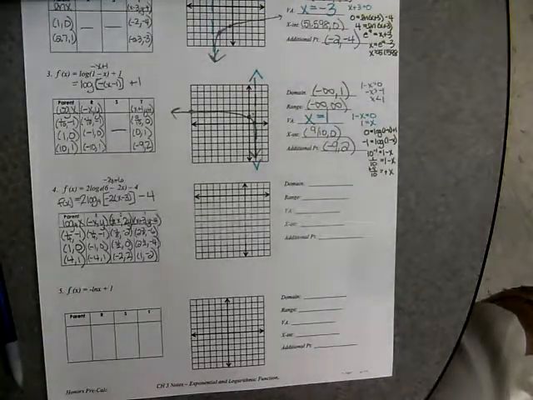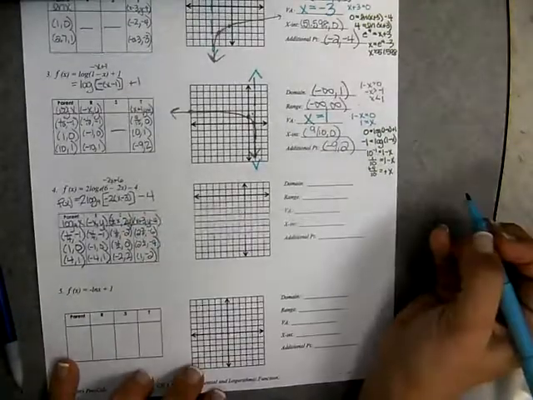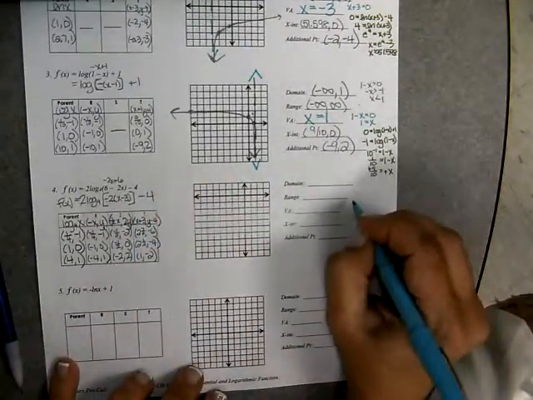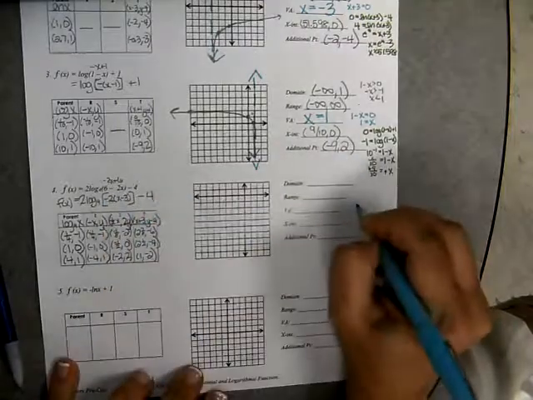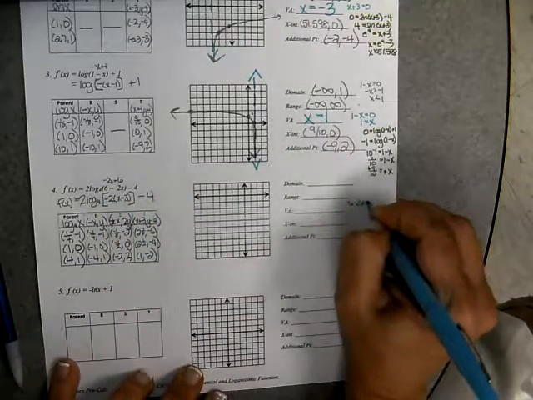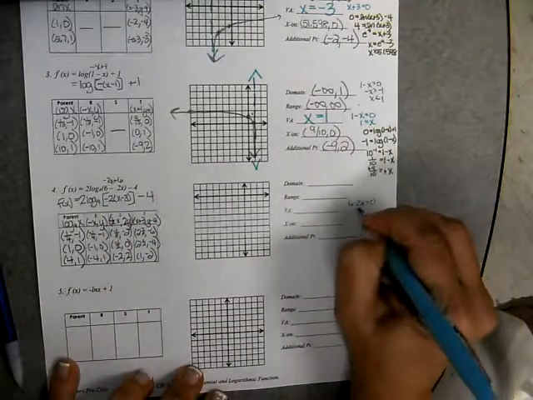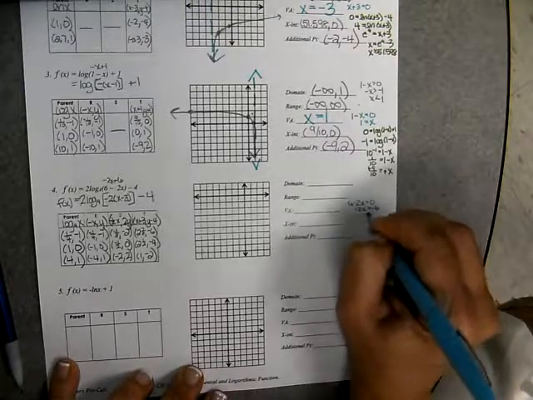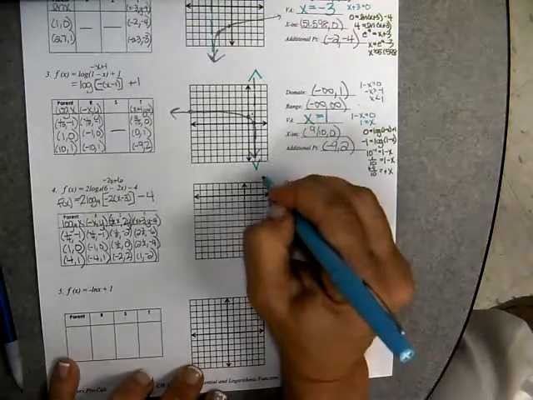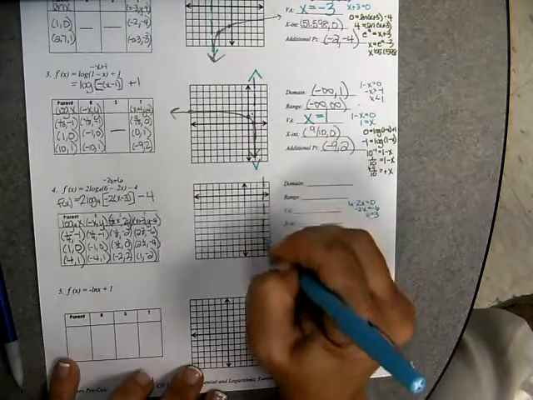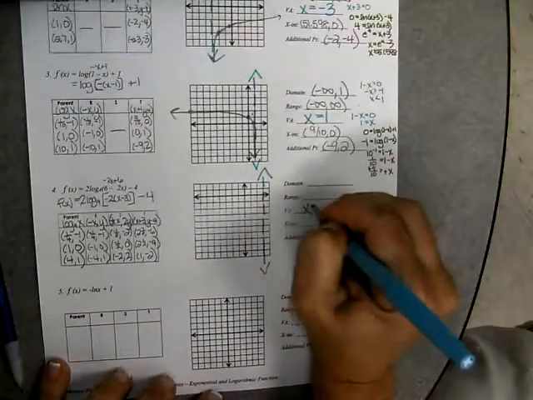Well, the next thing we've been doing is looking at our vertical asymptote. Again, you can probably tell where it is, but you can always set the argument equal to 0 and find where that's going to be. And we see that our vertical asymptote should be at x equals 3. So we can definitely draw our vertical asymptote there.